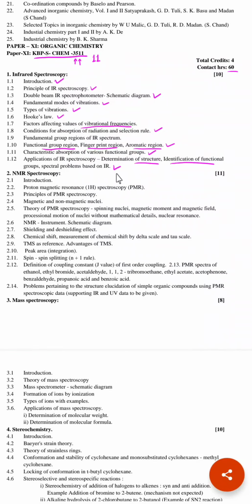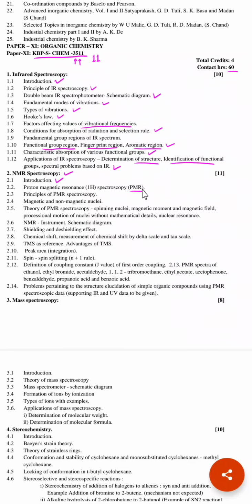After completion of infrared spectroscopy, we will study nuclear magnetic resonance spectroscopy, that is NMR spectroscopy. In this NMR spectroscopy also we will see the introductory section, then PMR. When nuclear magnetic resonance spectroscopy is concerned with proton, that is H1, then it is also known as PMR instead of NMR.